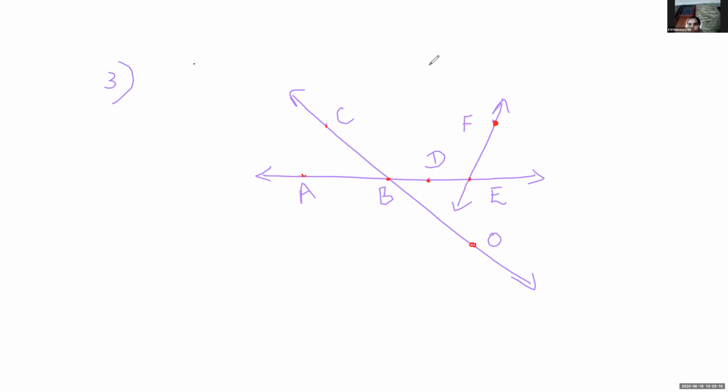You have the homework, I hope? Yes, ma'am. Okay. So our first question is: line containing point E.